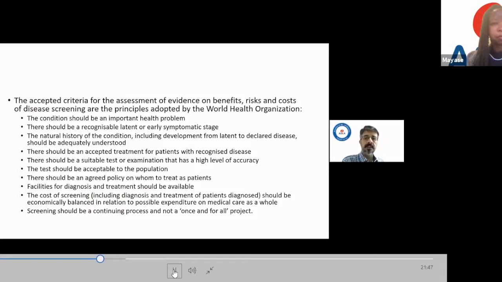In saying that though, migration patterns are changing very quickly in Australia, and the prevalence of sickle cell carriers is increasing each year. So at some point, newborn screening of all newborns in Australia for sickle cell disease and other hemoglobinopathies will most likely be economically viable.